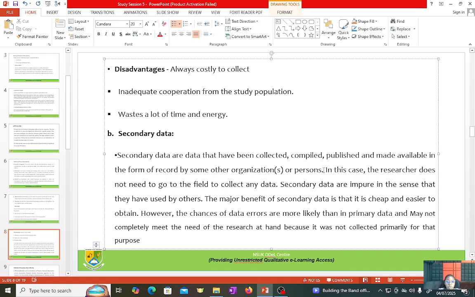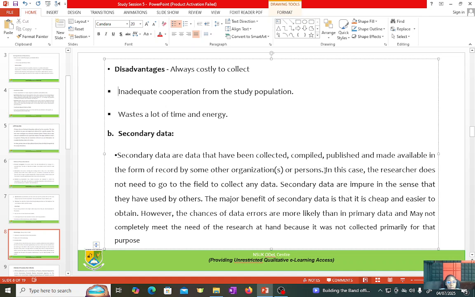You easily can get such data from the National Population Commission. That's an example of secondary data, and this data had already been collected, published, compiled and made ready.